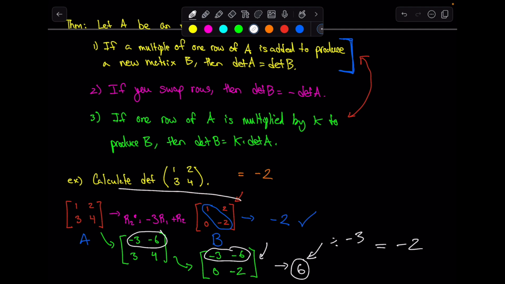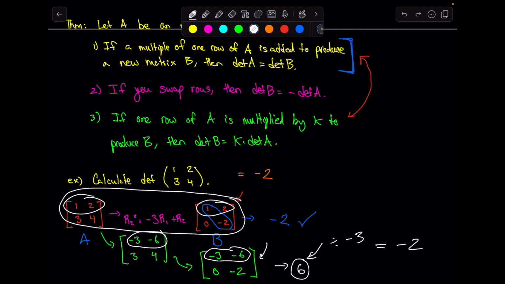Whereas in this version up here, this step inherently said that we multiplied the first row by -3 and then divided it by -3 because we didn't actually change the first row, right? We multiplied it by -3, did something, then divided by -3, and we were good to go. All we essentially did after that was some row addition. And row addition, which is listed up here, does not change the determinant.